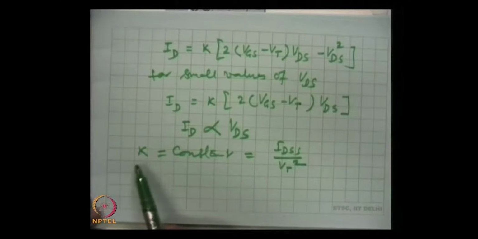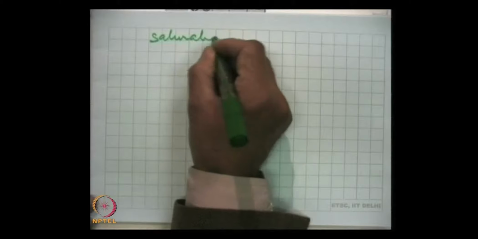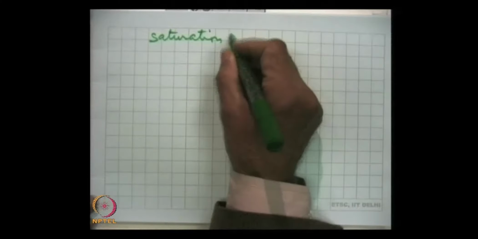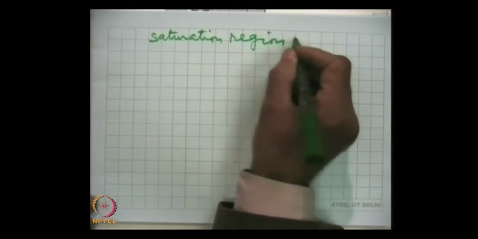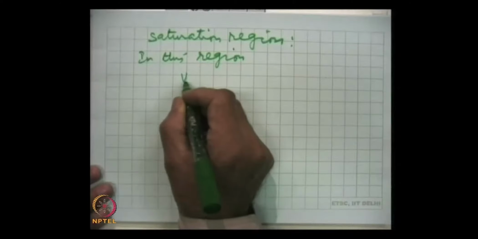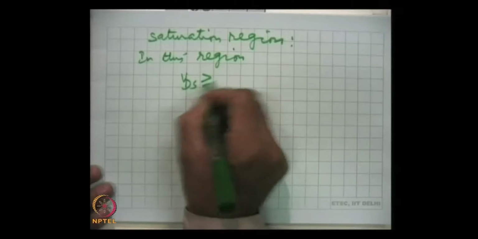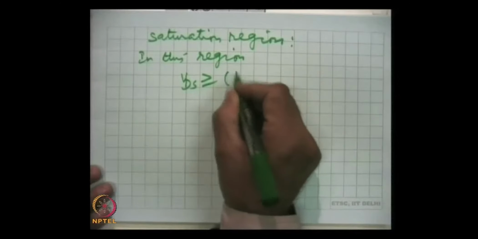Now, the saturation region. This is the region. In this region, VDS is greater or equal to VGS minus VT.